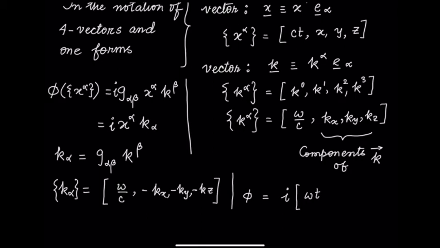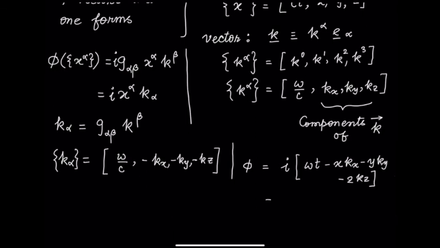The second term is x1, which is x, and k suffix alpha is minus kx. So this is x kx minus y ky minus z kz, which is what I wanted to have. So if you really wish, I can write down this as omega t minus k dot x.